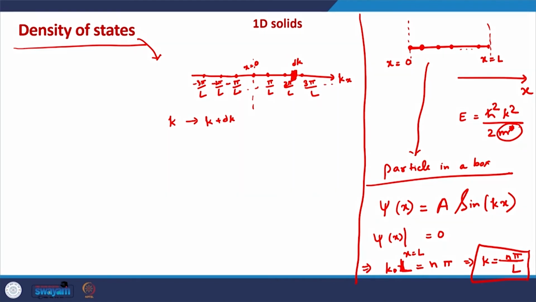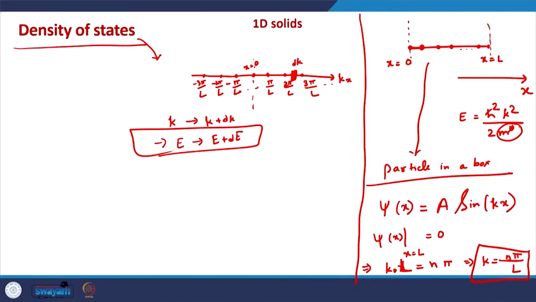Then this will also be equal to the number of electronic states in energy range from E to E plus dE, and from this number we can calculate the density of states as we have done for 3D and 2D cases. Okay. So, here the density of states will mean number of electronic states per unit length per unit energy basically.